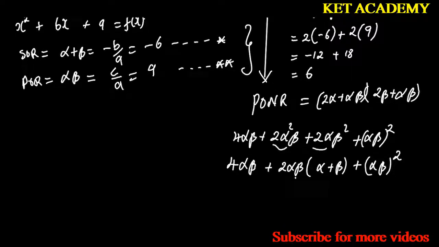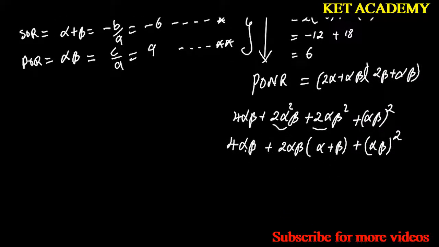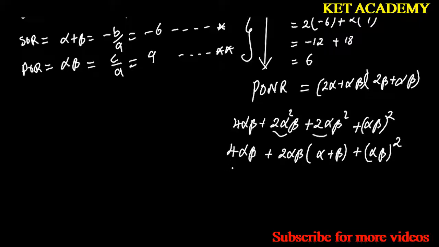Here we simply need to substitute our values. We know that our product of roots is 9. So this will simply be 4 times 9 plus 2 times 9 times our sum of roots, which is negative 6, plus our product of roots, 9, now all that squared.